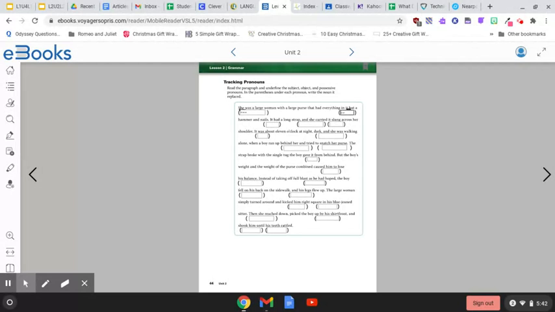What about she? She carried. Who carried? So we're going to write that answer beneath she. And we have one more it. So we're going to underline that it, and what are we going to say that it refers to? Excellent. So now I'm going to have you go through and finish the rest of page 44.